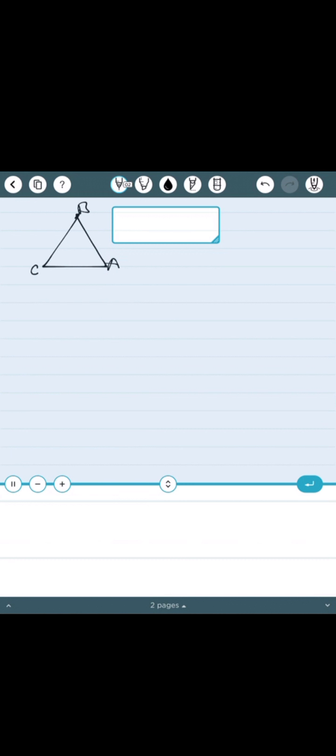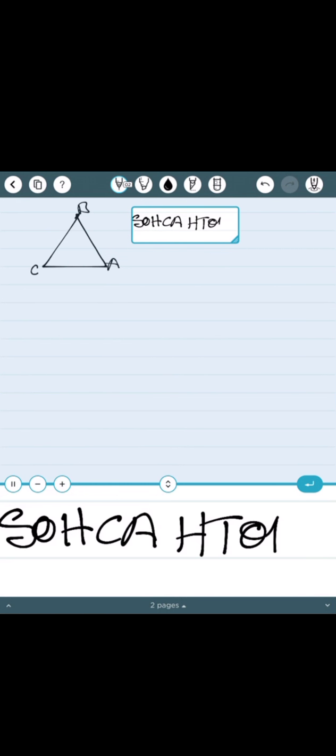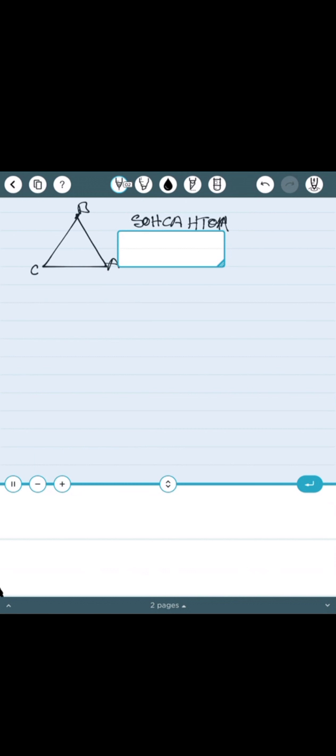Why should we do that? It is because it is easier for us to deal with right angled triangles, because we could easily use the Pythagoras Theorem or the trig ratios. Hope we still remember this. Sine theta is equal to opposite over hypotenuse, cos theta is equal to adjacent over hypotenuse, and tan theta is equal to opposite over adjacent.